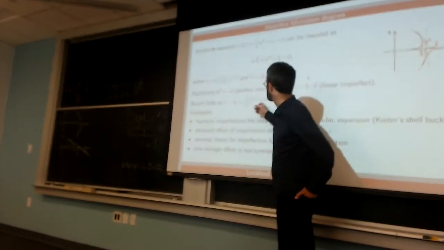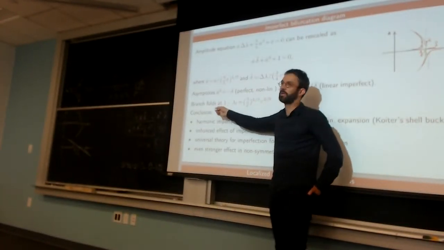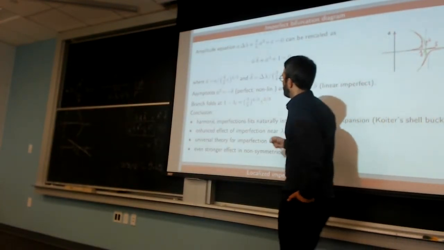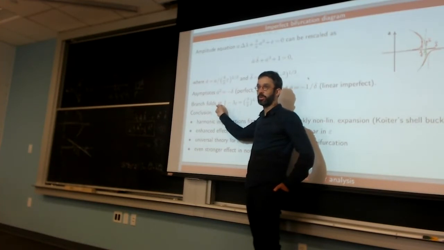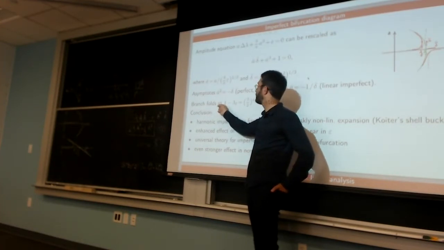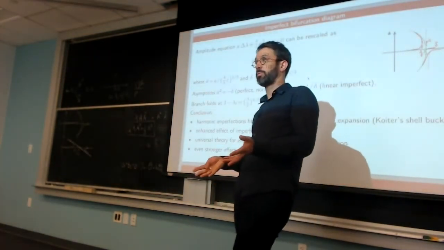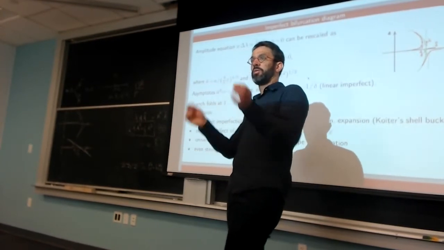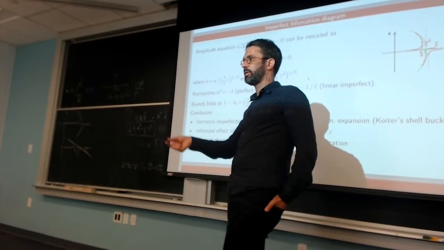So it's even worse. And that's exactly what's happening for shell buckling. For a long time, for 30 years, and that's the work of Koiter, people have calculated the perfect bifurcation threshold for spherical shells, and they found a number that was twice as much as anything they could get in the most perfect set of experiments that they could realize. They had incredibly polished spheres with incredible tolerances, but there was still a 0.1% imperfection.